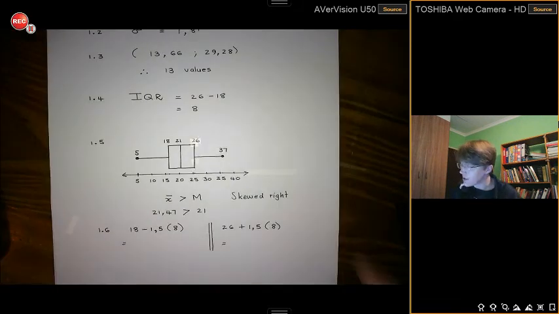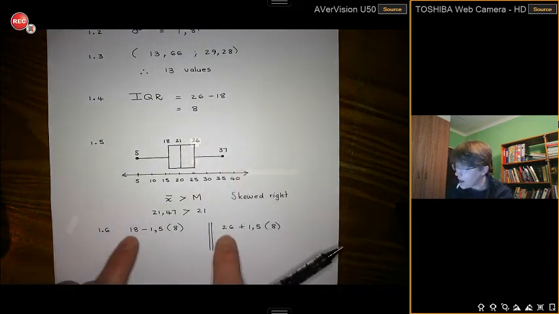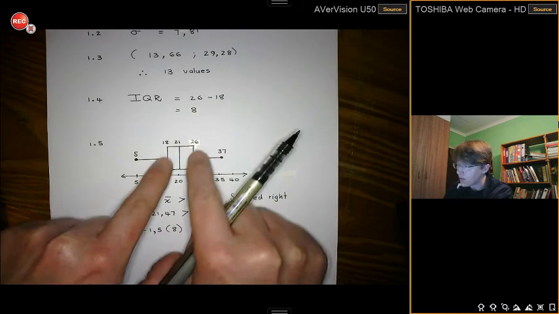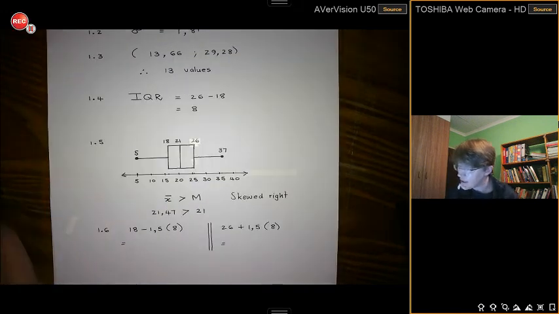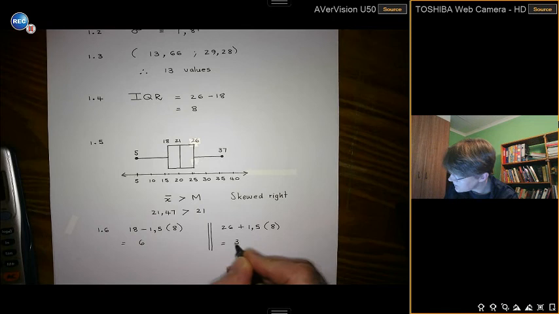So, because I've worked out the interquartile range over there, which is 8, and I know my lower quartile and my upper quartile from here, I can then say 18 minus 1.5 times 8 is going to be 6. And then over there, 26 plus 1.5 times 8 is going to be 38.